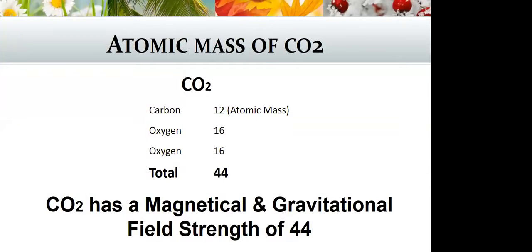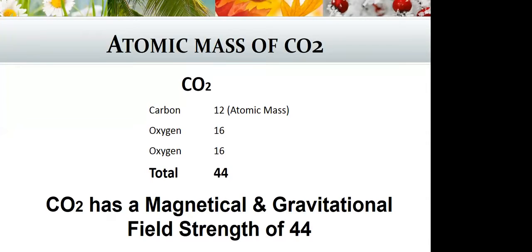To start off with, let's just have a look at what CO2 is and look at the atomic mass of CO2. It's made up of 1 carbon and 2 oxygens. So when we look at the atomic mass of carbon, it's 12, and the atomic mass of oxygen is 16. When we add that up, we get a total of 44.